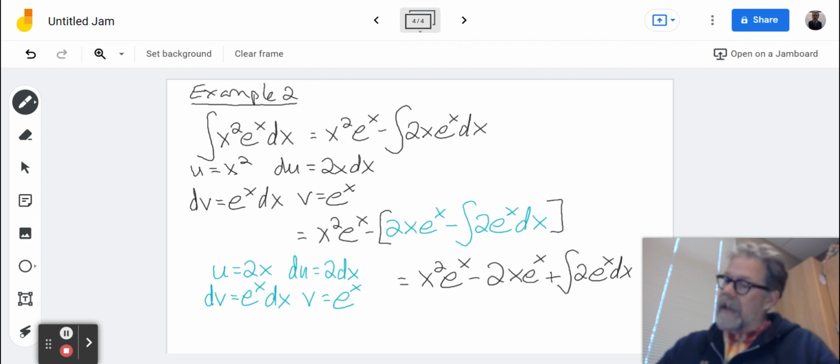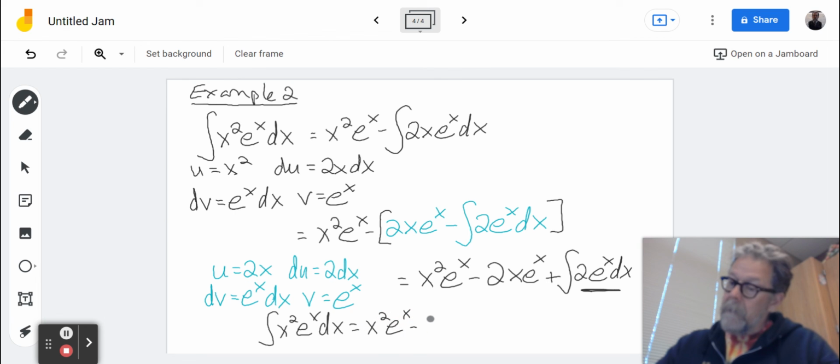And hey, how about that? We know the antiderivative of this, so for all intents and purposes, we are done. We'll take one more quick step and write it all out, and we get that the integral equals x squared e to the x minus 2x e to the x plus 2e to the x plus a constant.